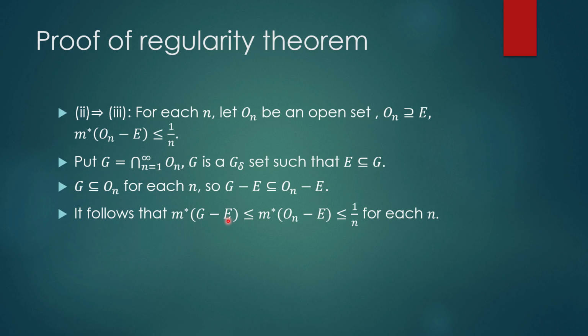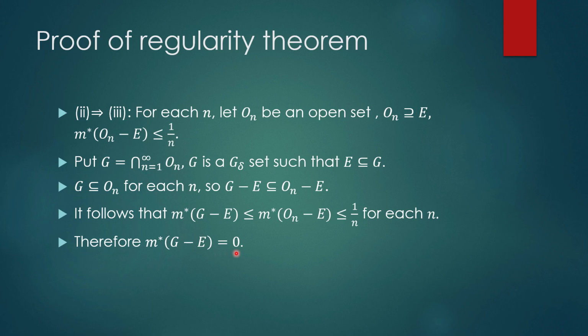Alright, so this is true for each n. Therefore, as n tends to infinity, m star G difference E, because it is an outer measure, cannot be negative, therefore it should be 0. So m star G difference E is exactly equal to 0, and that is what we wanted to prove, statement number 3.